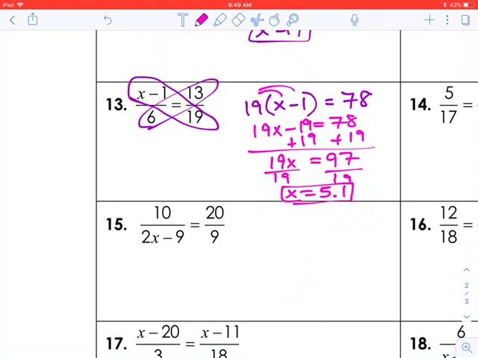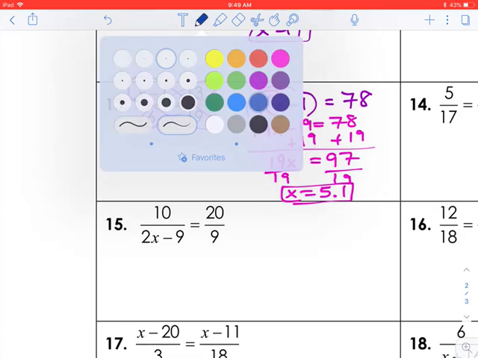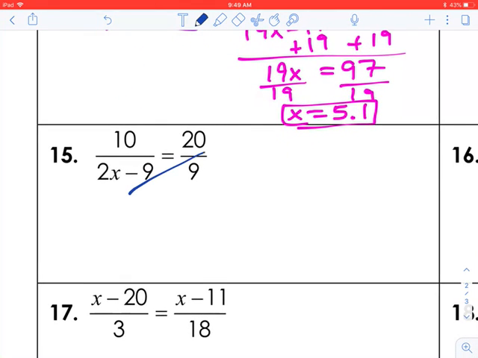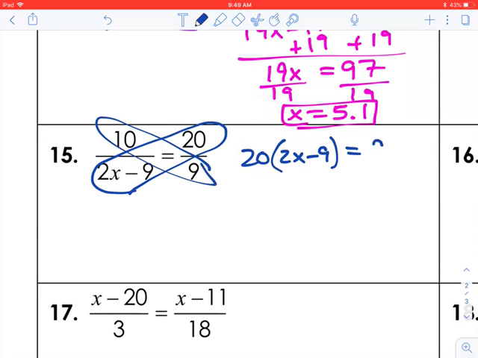Okay. So kind of the same deal here. I'm cross multiplying, but again, I'm going to start with the one that has x. So 20 times (2x minus 9) equals 9 times 10, which is 90. So distribute, that's 40x minus 180. And I add 180 to both sides.